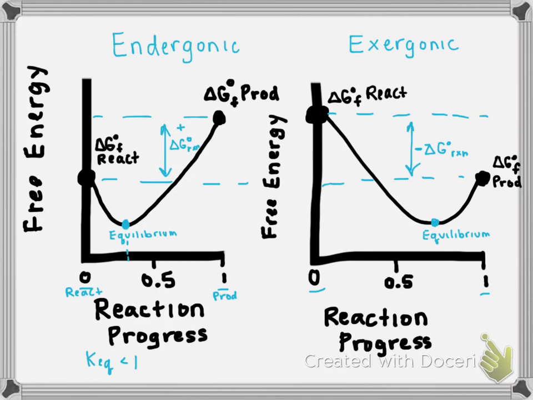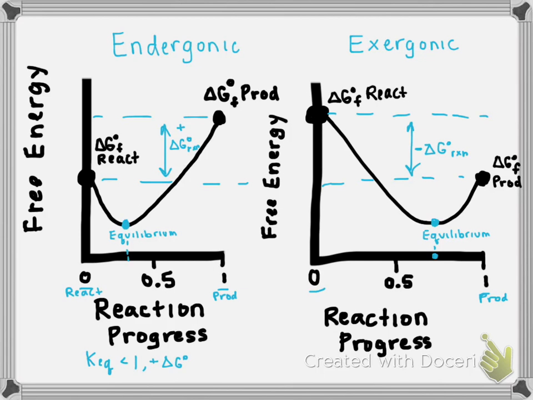And so if KEQ is less than 1, that means we're going to have a positive delta G standard. Okay, and then we can look at the case for our exergonic reaction, and we see that our equilibrium position sits more on the product side because it's closer to 1, which is when we only have products.